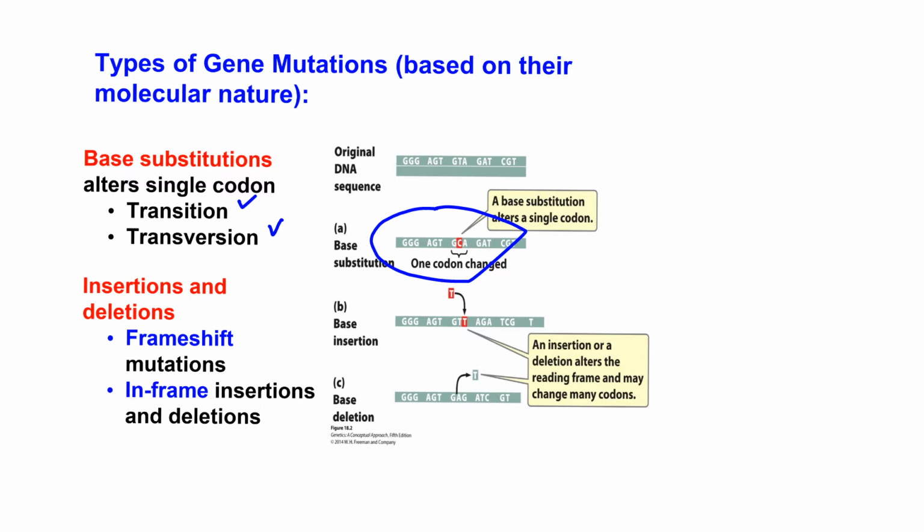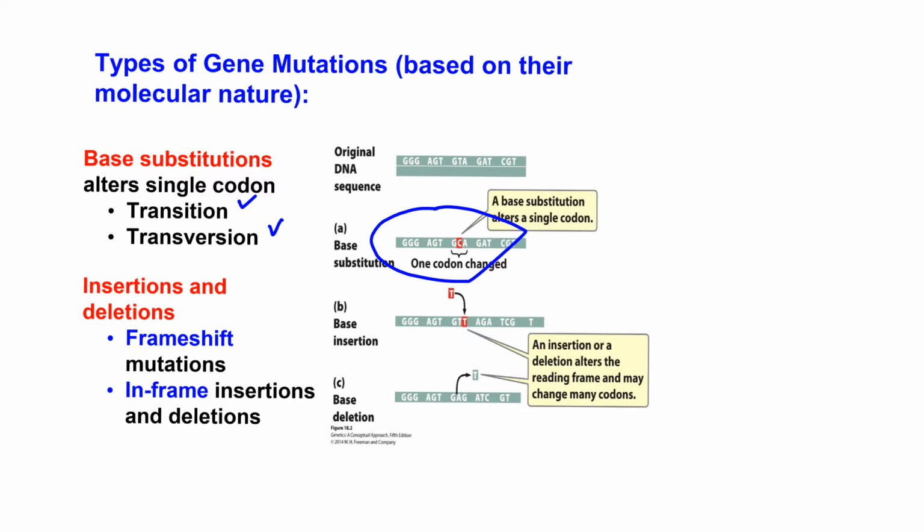In transition, a purine is replaced by a purine, or a pyrimidine is replaced by a pyrimidine. In transversion, a purine is replaced by a pyrimidine, or a pyrimidine is replaced by a purine. There are usually more transitions than transversions.